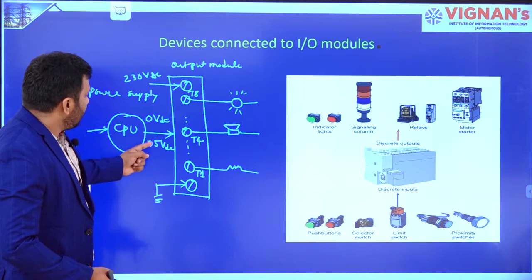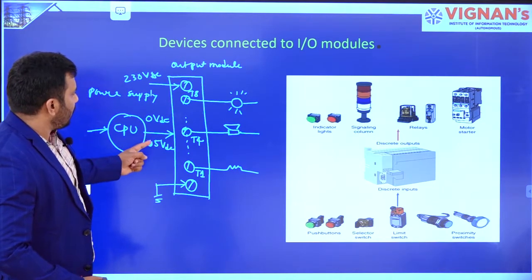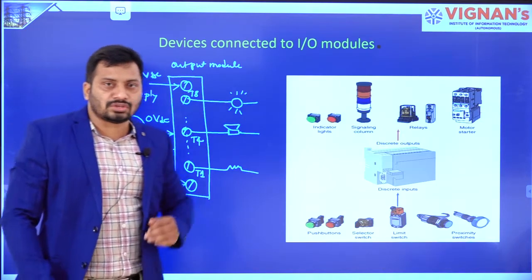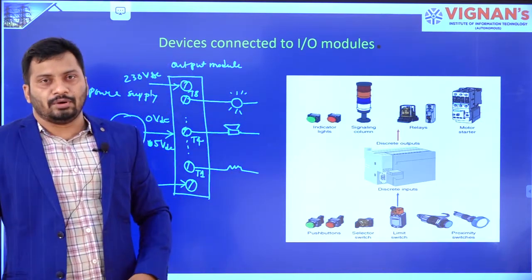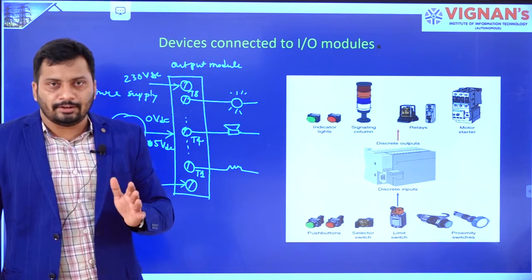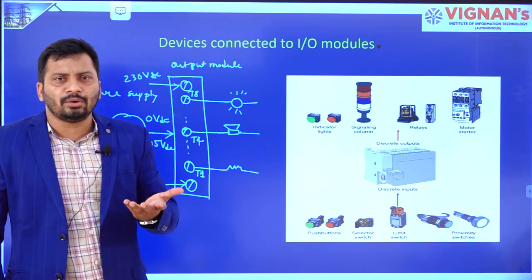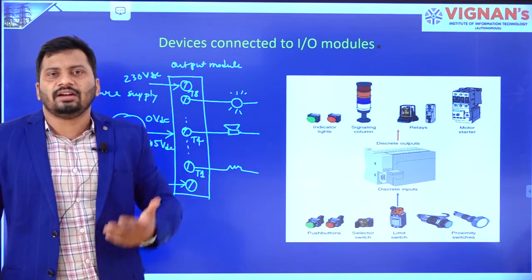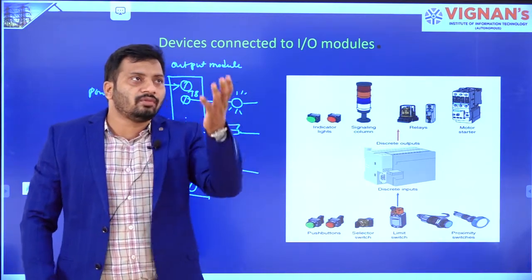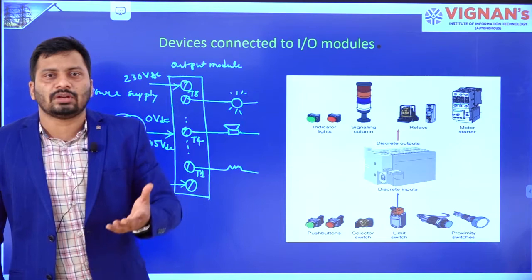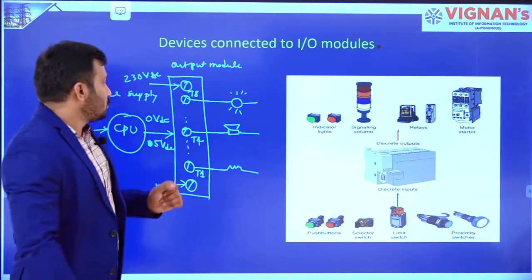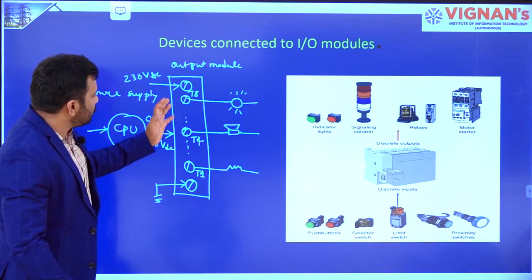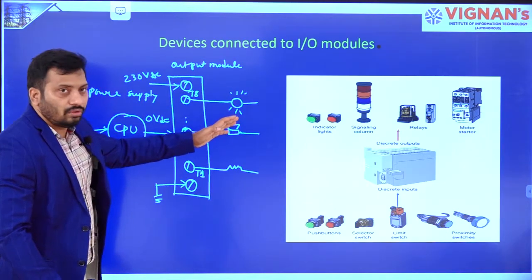that 0 volts DC or 5 volts DC is not enough to turn these loads on and off. Why? The loads connected to the output module are normally fans, lights, ACs, heaters and solenoid valves. Those all work with higher voltages like 230 volts AC or something like that. So whatever signal comes out from the CPU is just used for turning these loads on and off.